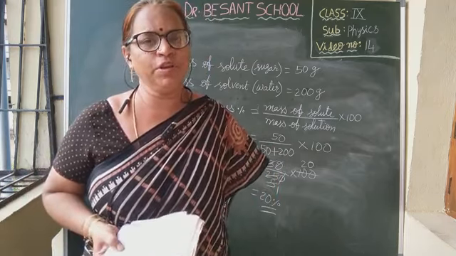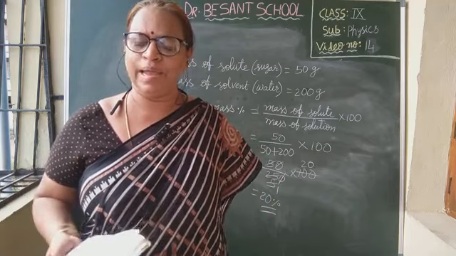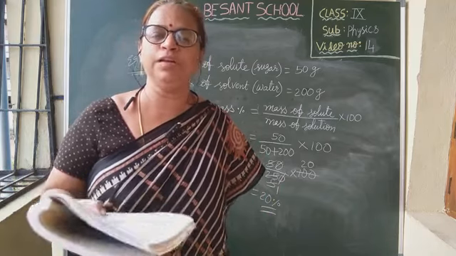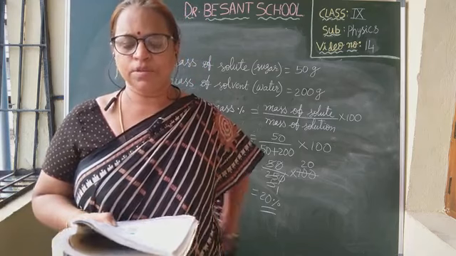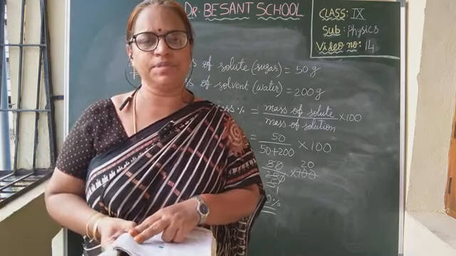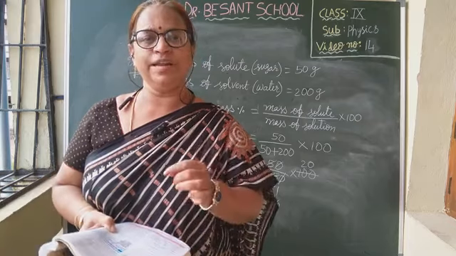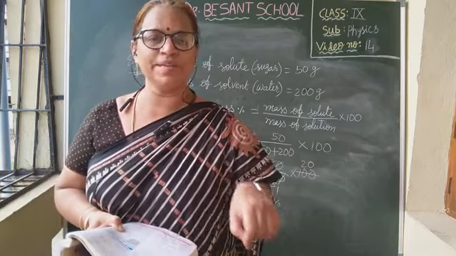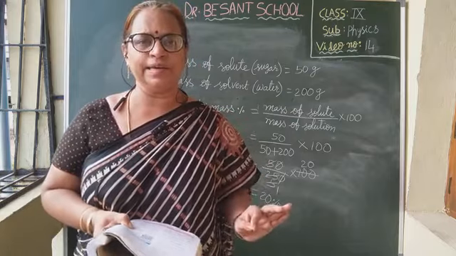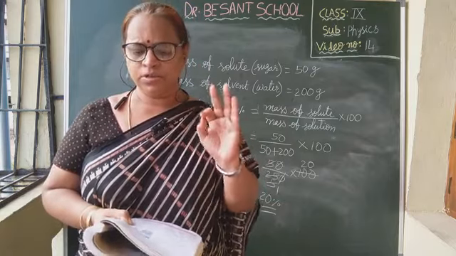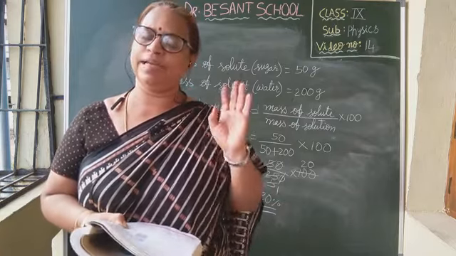Which formula will you use? Mass of solute by volume of solution into 100. So mass of solute is given as 20 grams. Volume of solution: here he told 80 ml of solution. Solution volume is directly given, so you need not add here. Directly you keep 80. So 20 by 80 into 100 will give you the answer.